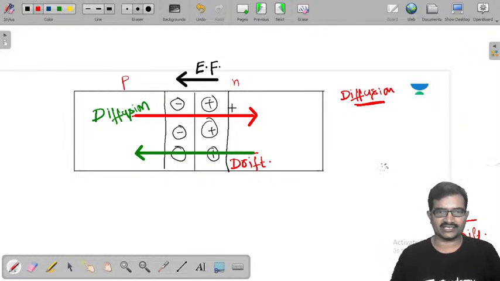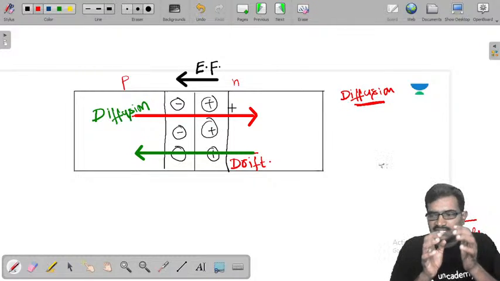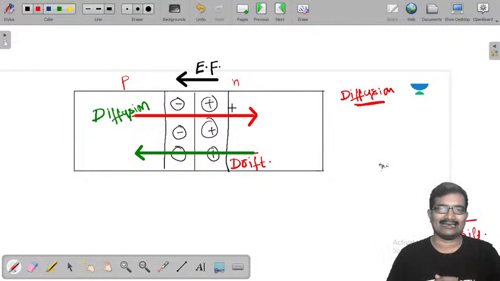Now, the amount of diffusion in the second level is less than the amount of diffusion in the first level. Why? Because the second level of diffusion movement is opposed by the first level of drift that has taken place.